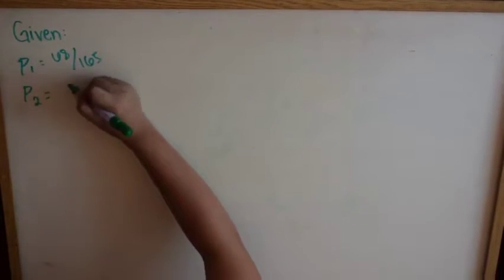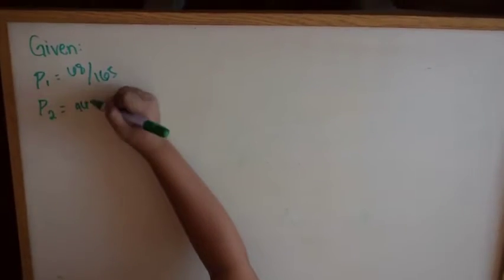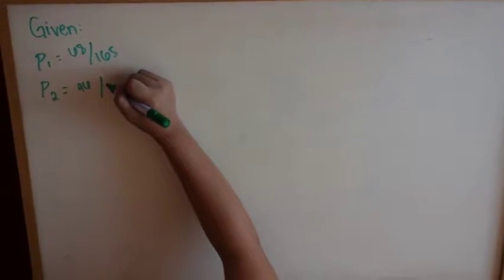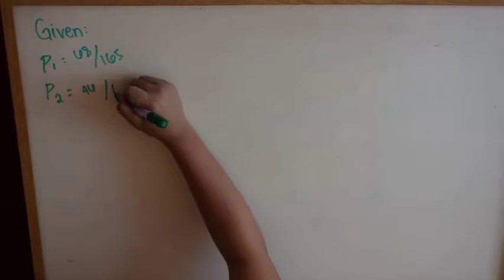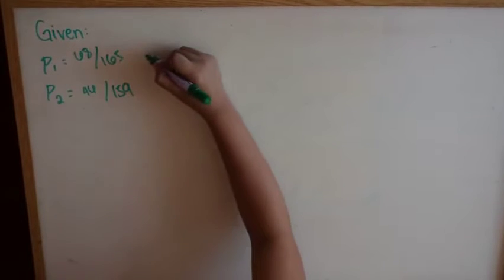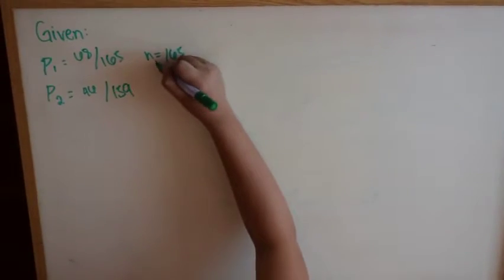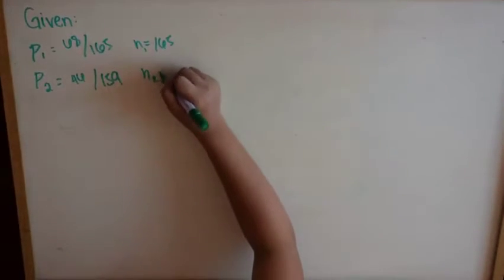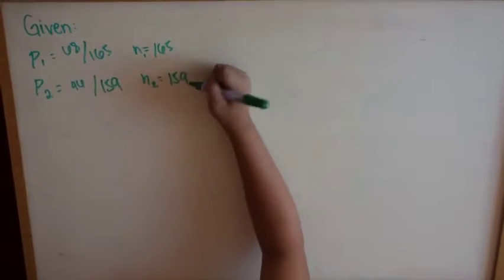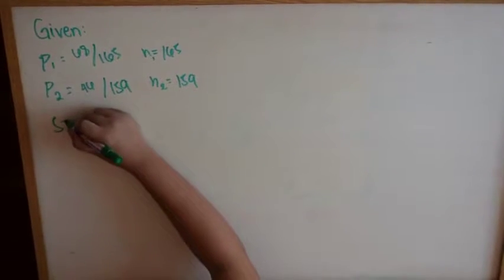And then our second proportion is that 46 out of 159 children who took XO got ear infections. So our n sub 1 is 165, and our n sub 2, the sample size of the second proportion, is 159. So let's proceed to step 1.